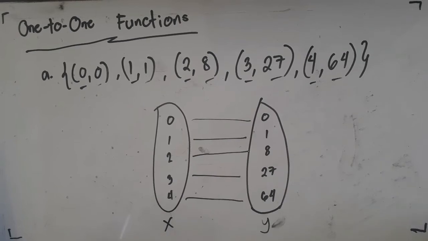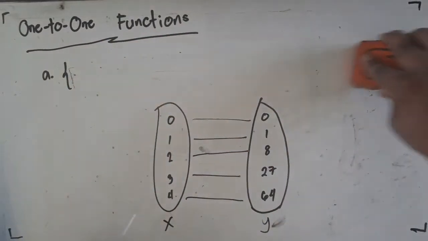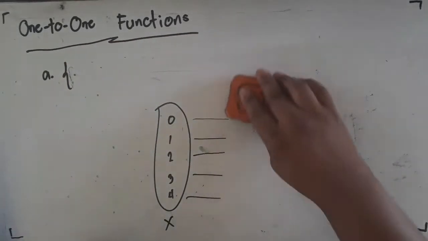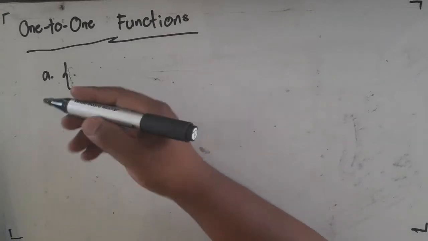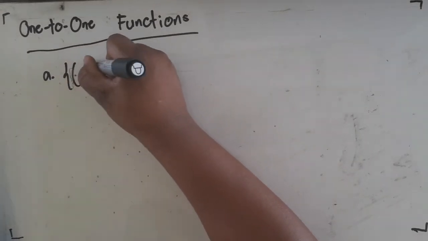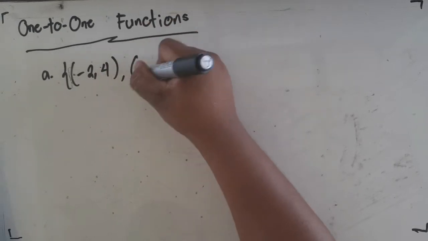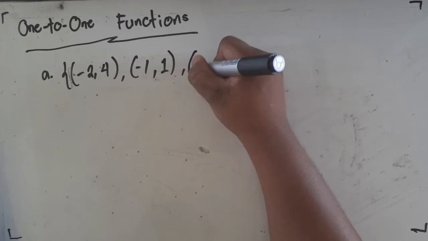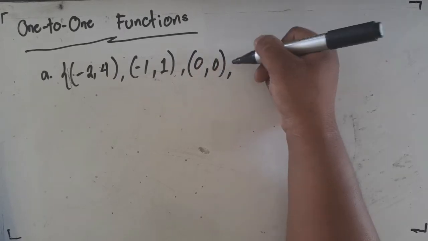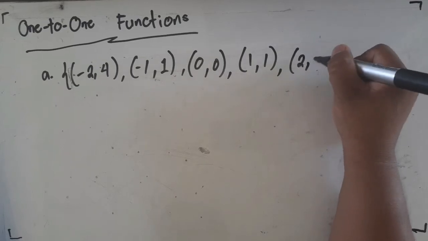Let's check letter B. By the way, letter A is a one-to-one function. How about letter B? You have negative 2 and 4, negative 1 and 1, 0 and 0, 1 and 1, and 2 and 4.